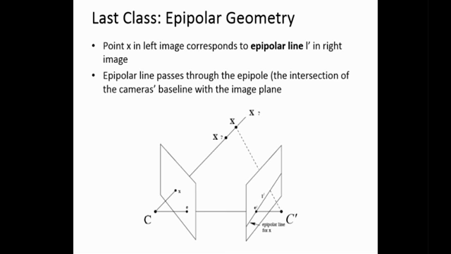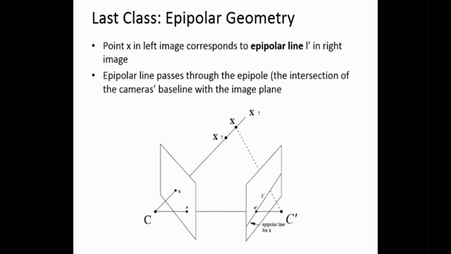If you have a point in the scene imaged onto one of the cameras, the essential matrix will relate these two cameras. The essential matrix will map from a point in one image onto the epipolar line in the other image, or from a point in the second image onto the epipolar line in the first image. The epipolar lines will all pass through the epipoles of a camera, and the epipole is the projection of one camera's center onto the other camera's image plane.